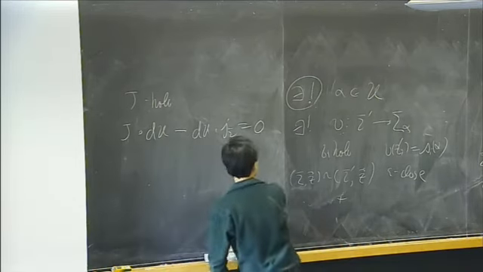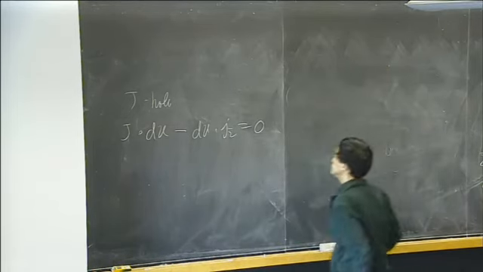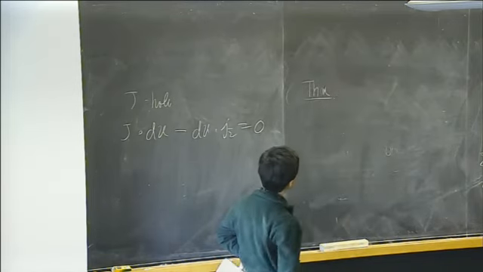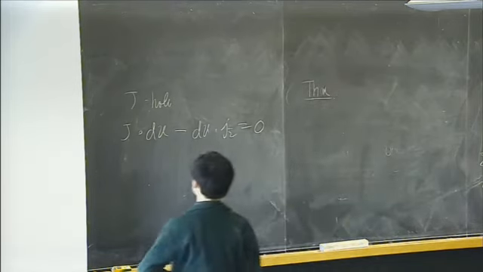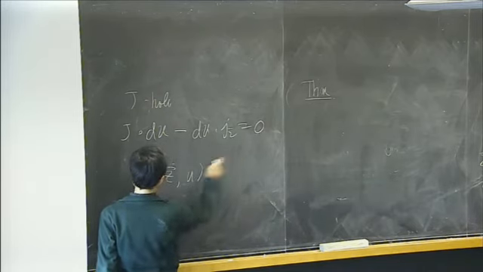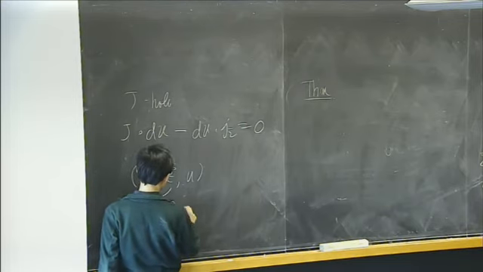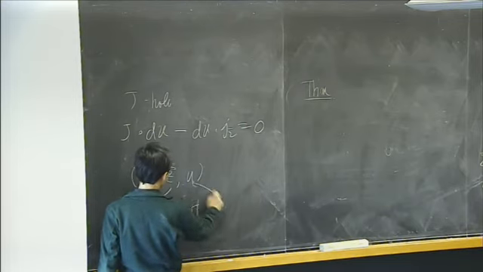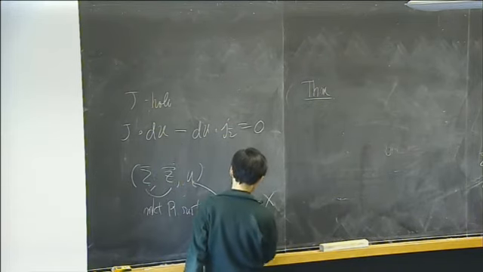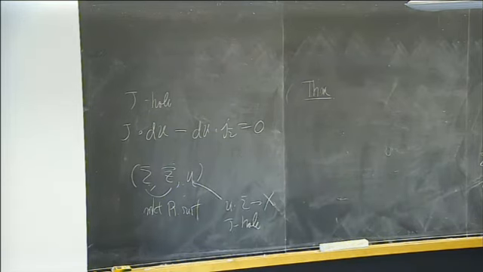So maybe I can just state one theorem. We consider this (Sigma, z, u). This is a marked Riemann surface, and u is a J-holomorphic map. So that is what I mean by obstructed families.